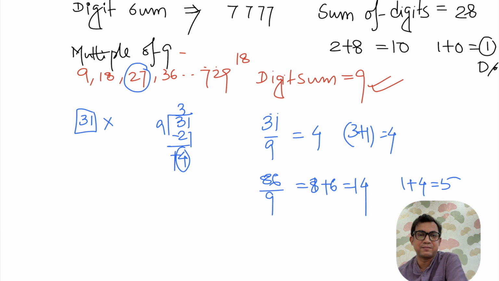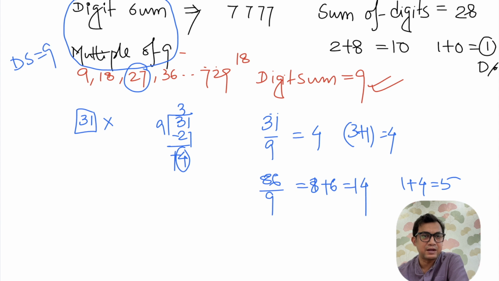And the remainder is 5. So the concept of digit sum and a multiple of 9, these are correlated. If the digit sum becomes 9, it's a multiple of 9. If the digit sum is k, then k is nothing but the remainder.